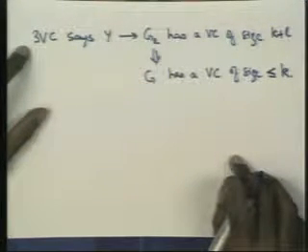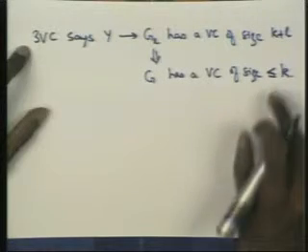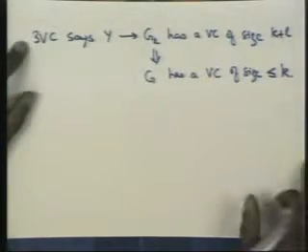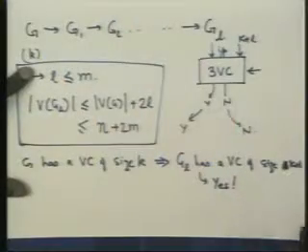So this is also fine, which means G has a vertex cover of size k. So both ways we have proved that the algorithm works. Here it's actually k plus L.